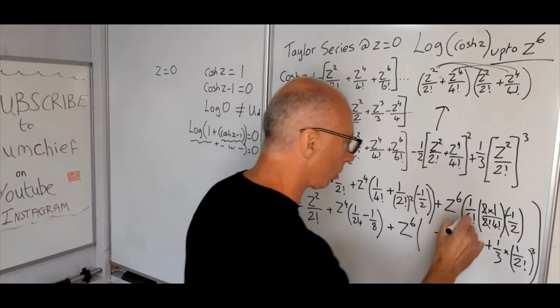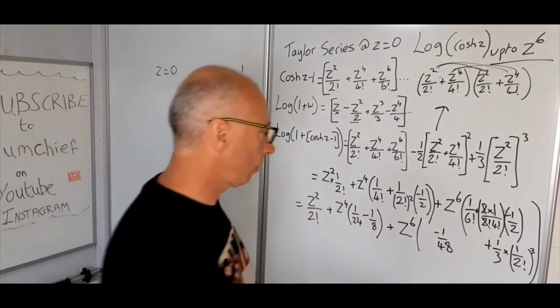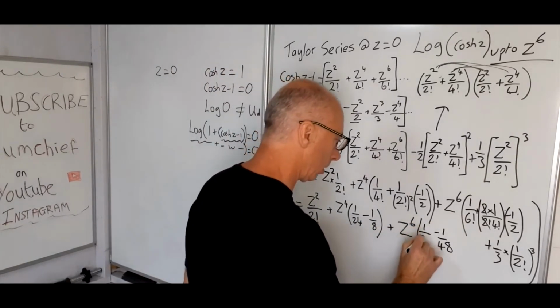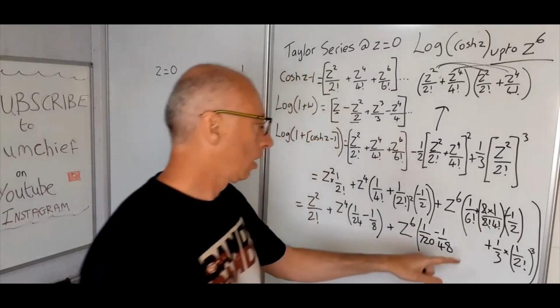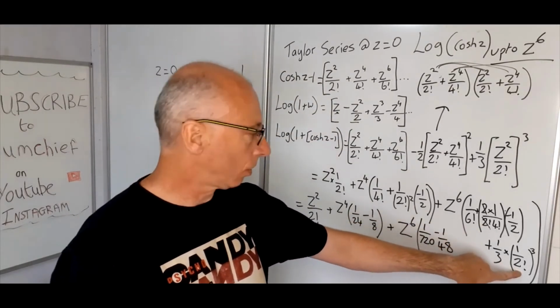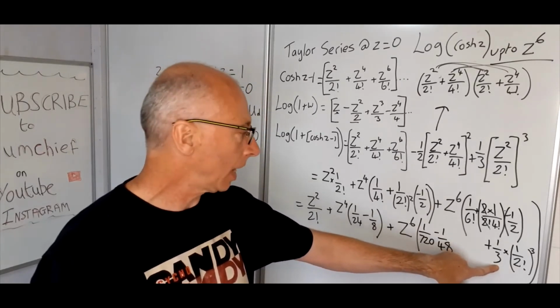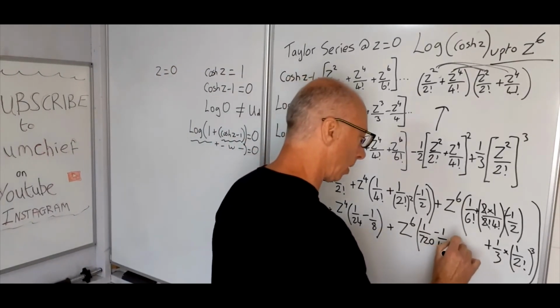That's that one there. This one should be a plus: 1 over 6 factorial, that's 1 over 720. And then the last one, 1 over 2 factorial cubed, that's 1 over 8, and then 1 over 3 times that, that's 1 over 24. But that's going to be a positive.